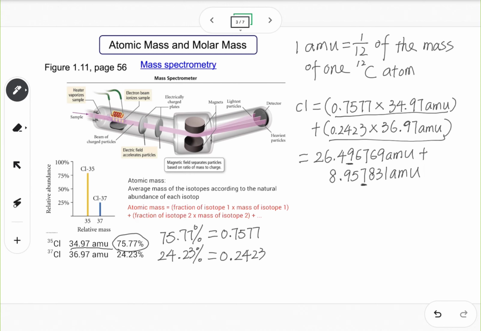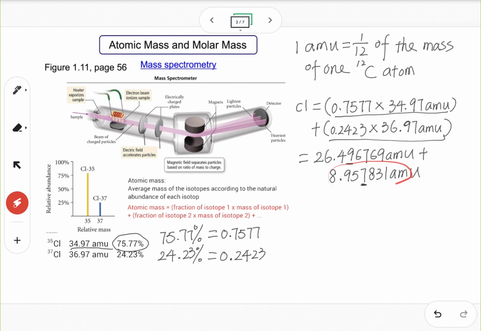Now the last step is the addition. Remember, when you do addition, the final answer should have the same decimal places as the one with fewer decimal places. So this number, since it is supposed to have 4 significant figures, will have 2 decimal places.